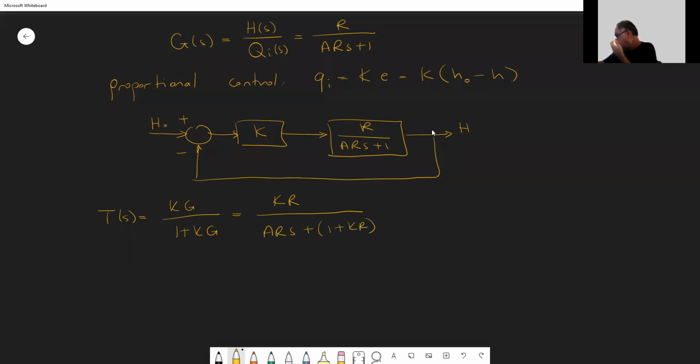Okay. Which is, by the way, H(s) divided by H0(s). This is the error transfer function.